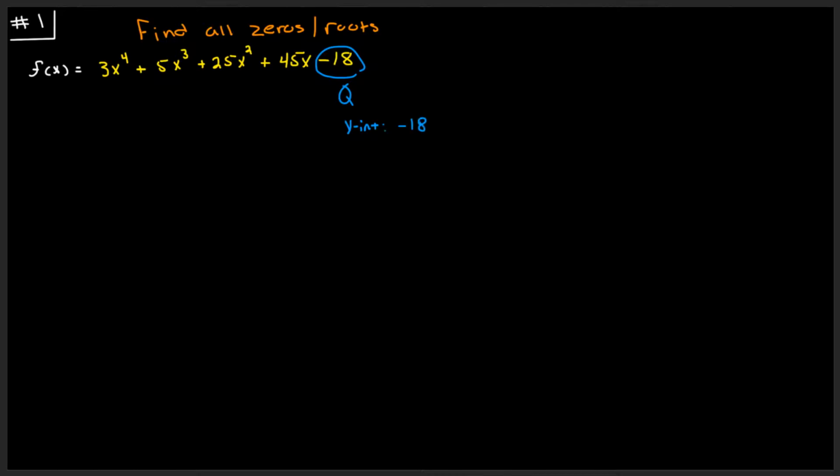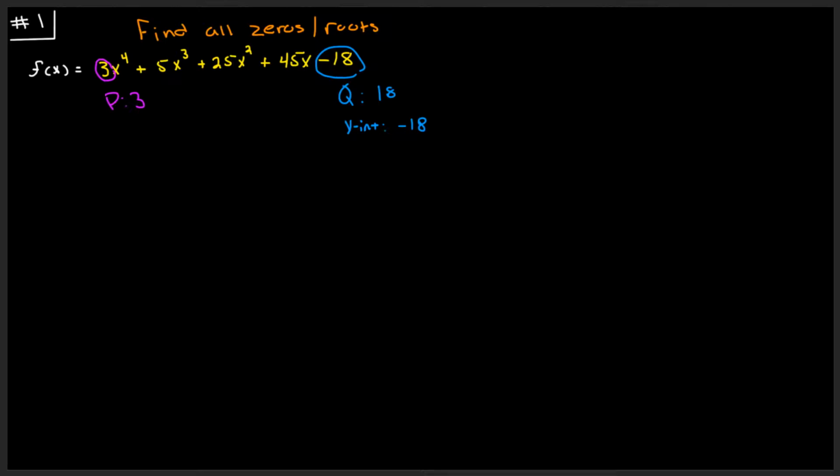Y-intercept being negative 18, your capital Q simply being the absolute value of this number, which is 18. You are also given from your first coefficient your capital P, which is 3.